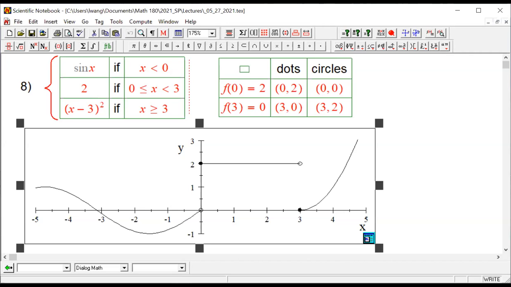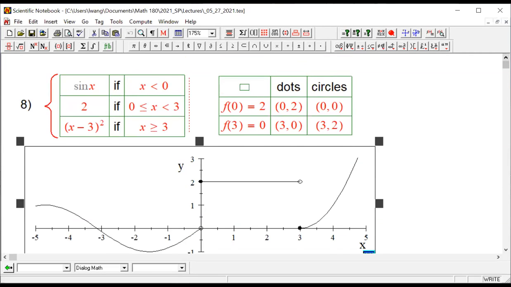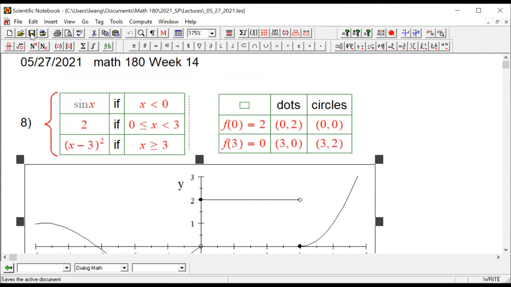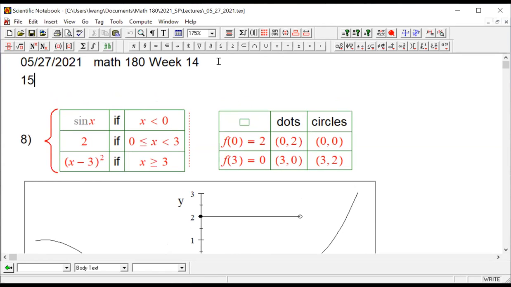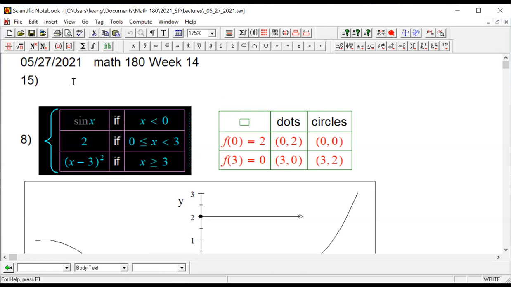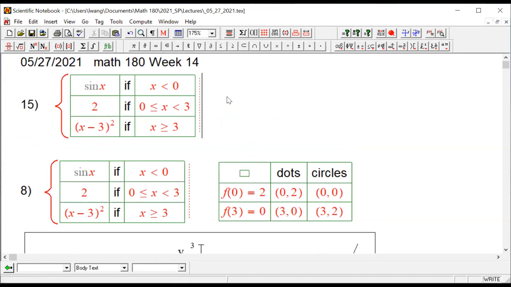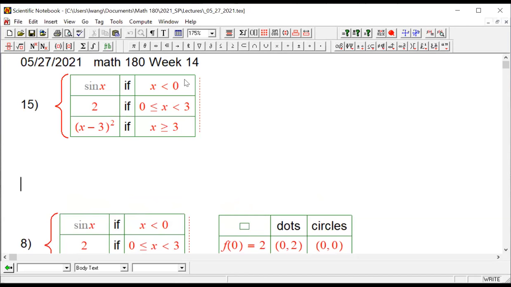Let's do number 15. I need to save the file. I don't want to forget it. Number 15, we have a 0 here. When x equals 0, cosine x.